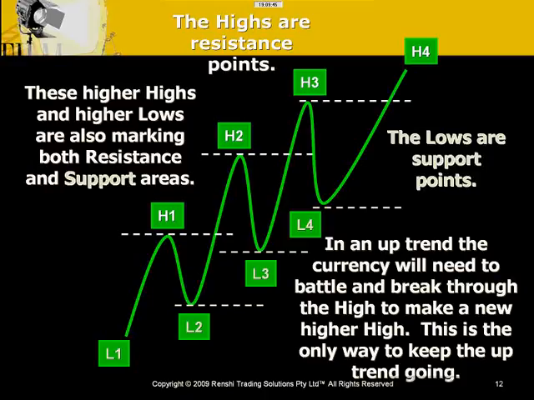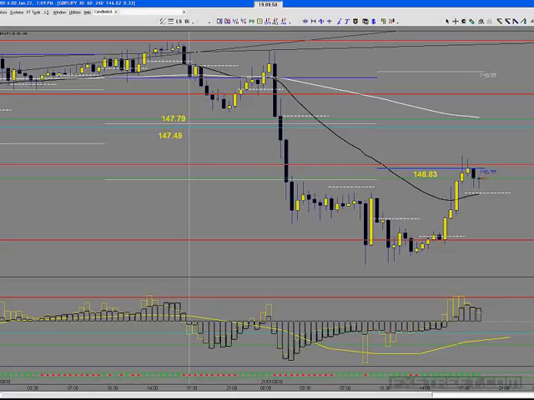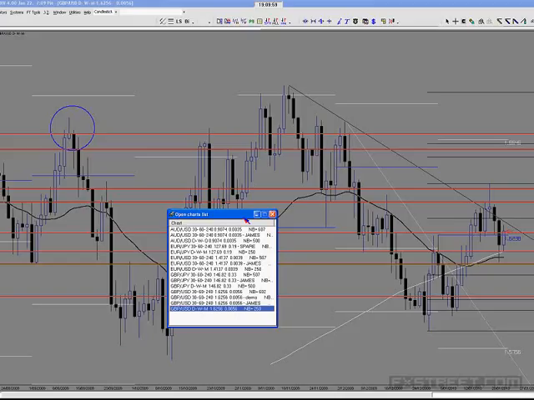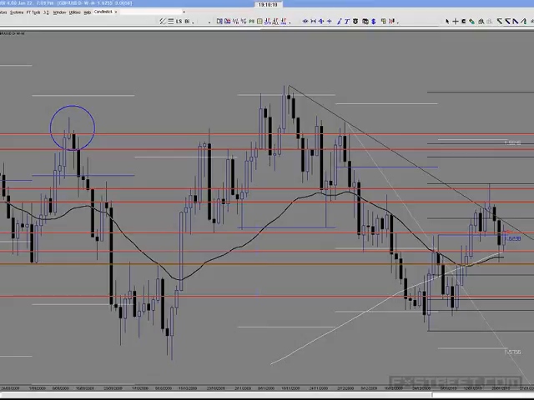Let me bring up my chart, and I'll find my daily. This is the GU there, and you can see here I've got horizontal red lines that are basically at prominent lows.